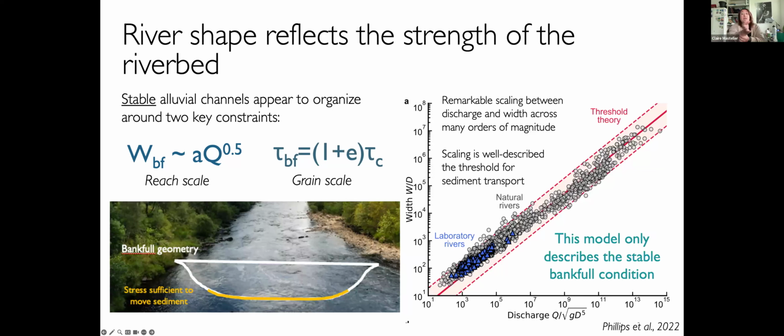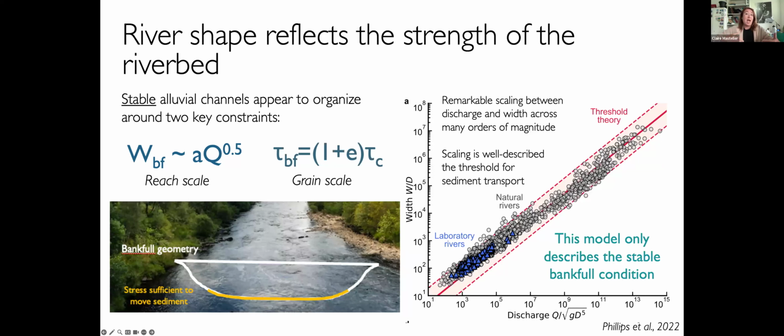It's worth emphasizing here that this model and this relationship only describes the stable bankfull condition. We're only thinking about the discharge of one flood, which corresponds to that bank-to-bank river width at an individual cross-section in our river. But we know that our river experiences many flows of many sizes around that bankfull condition.